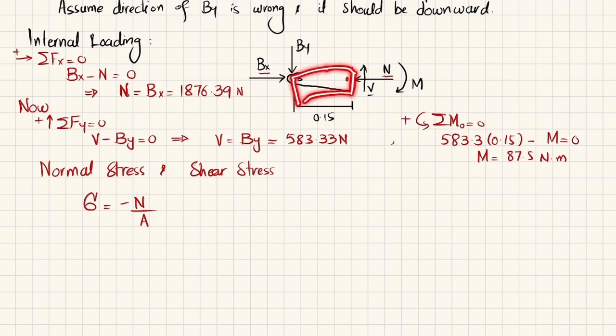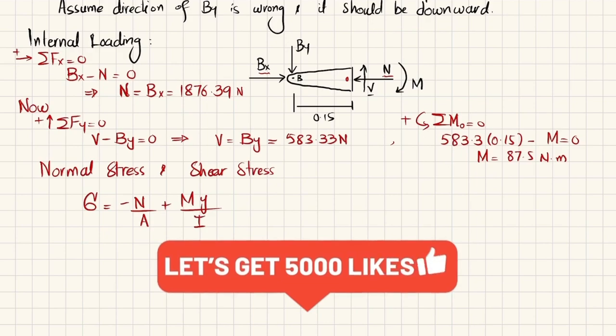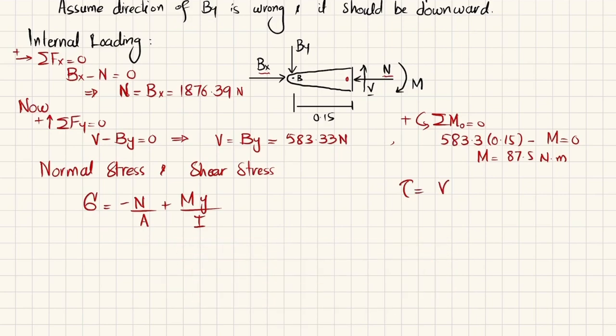We are interested in section AA, where the upper layer will be in tension, so the bending stress will be positive, equal to plus M times y divided by I. Clear? And due to the shear force V, the shear stress is equal to V times Q divided by I times t. So first we will concentrate on normal stress. For that we need A and I, which are the section properties.